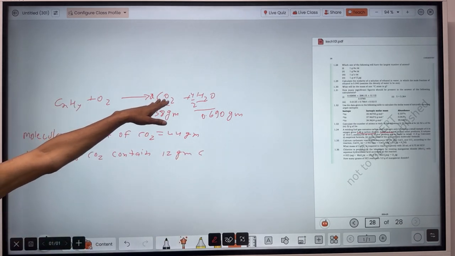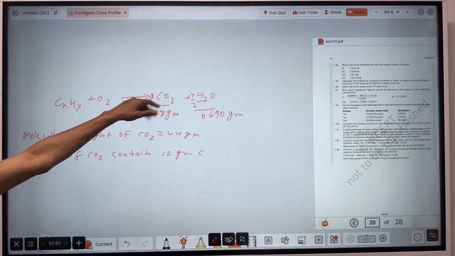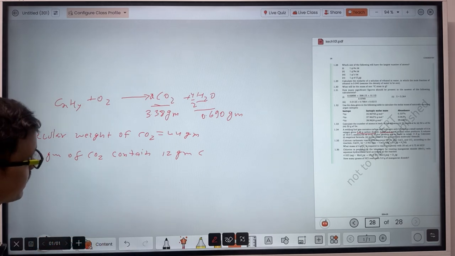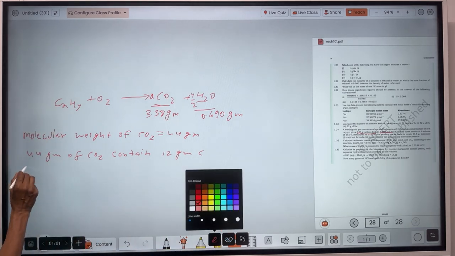Obviously, when the total weight of CO2 is 44 gram, then the weight of carbon will be 12 gram. So 3.38 gram of CO2 will contain how much?